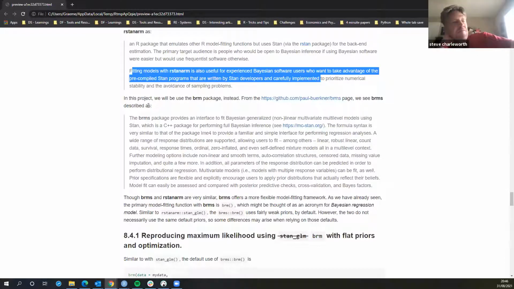You might be totally fine fitting your basic regressions or basic generalized linear models. So it's his point about people using it if it was easier. That is one of the main things it does: it makes it a lot easier to use those tools than having to learn all the specifics of how you would create a model in Stan and then fit it.